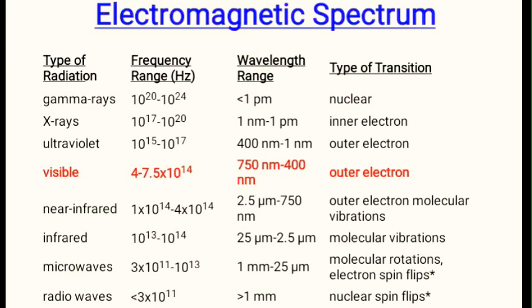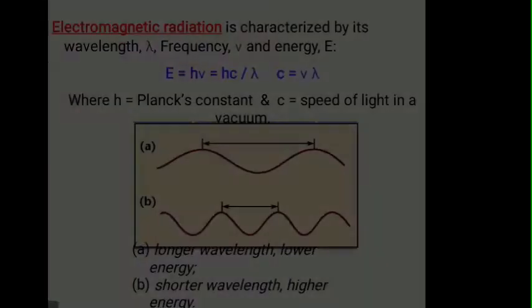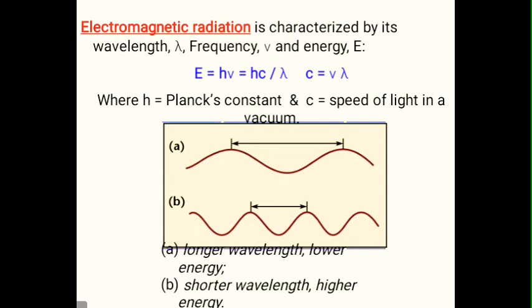So, on the basis of these electromagnetic spectrums, you can derive or write the equation of electromagnetic radiation, that is characterized by its wavelength lambda, frequency V, and energy E. So, E is equal to hV is equal to hc upon lambda.